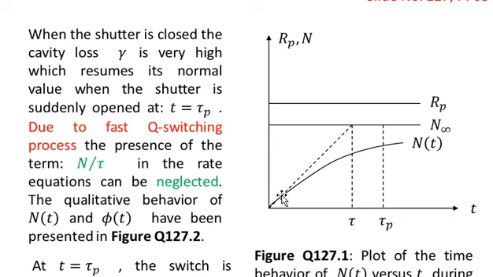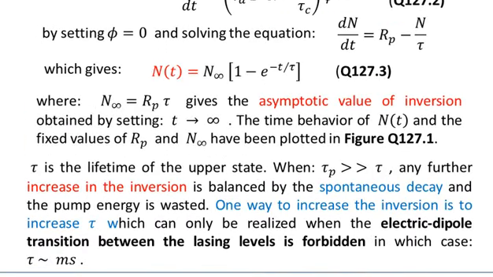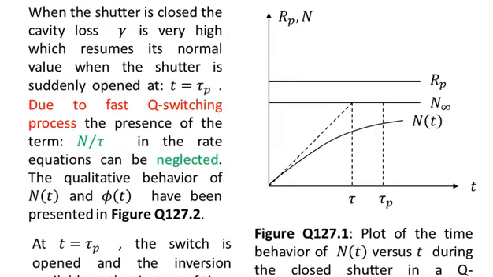It should increase linearly along this line, but you can see that the expression it will follow is this equation. So according to this equation, it will deviate from the straight line, and you see that this is increasing according to the curve as given in equation number 3. But when the time is very, very large, this population inversion will approach the n infinity value asymptotically.